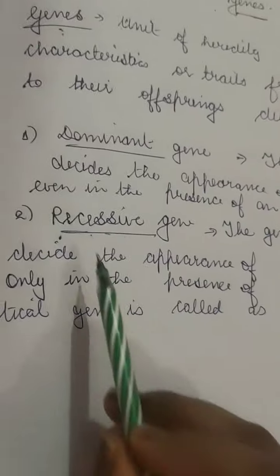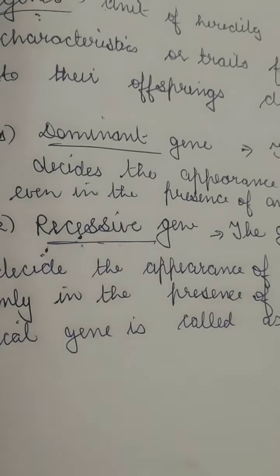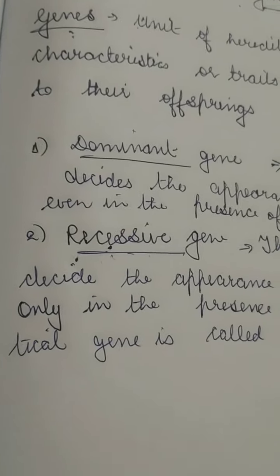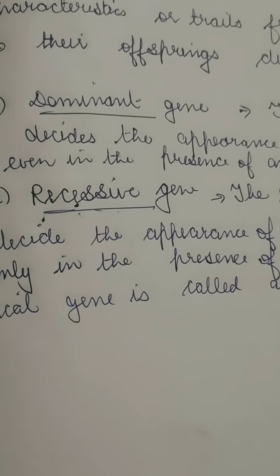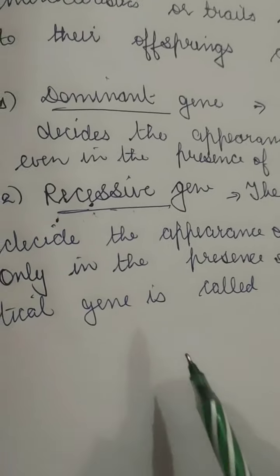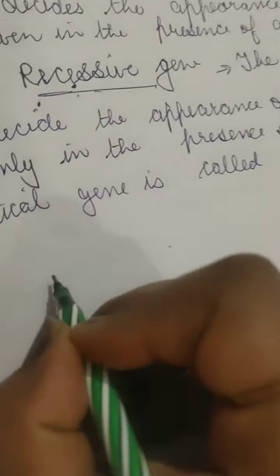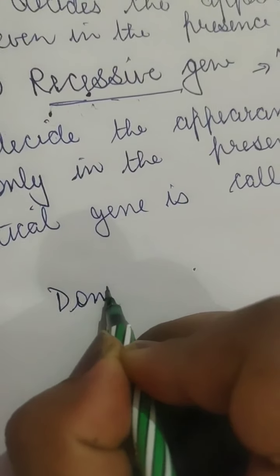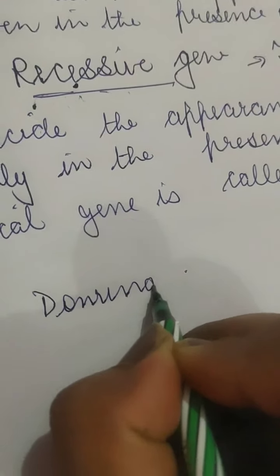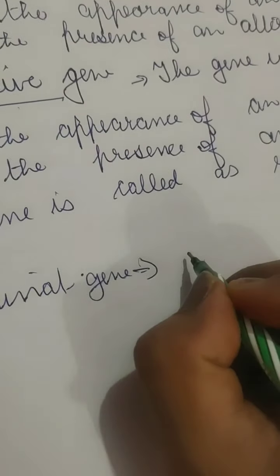That means this recessive gene will decide the appearance of an organism only when the other gene present is its identical. Now, for example, the dominant gene is represented by a capital letter.